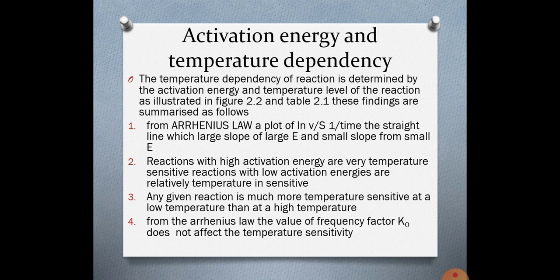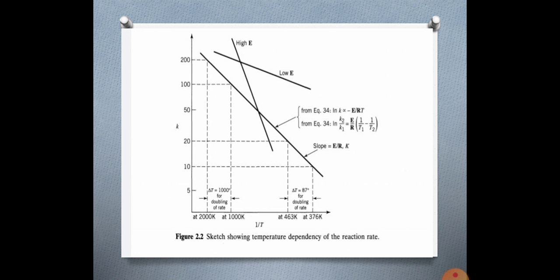From Arrhenius law, a plot of ln k versus 1 upon T gives a straight line, with a large slope for large E and a small slope for small E. The steep line has a higher activation energy, while the inclined slope has a lower activation energy.